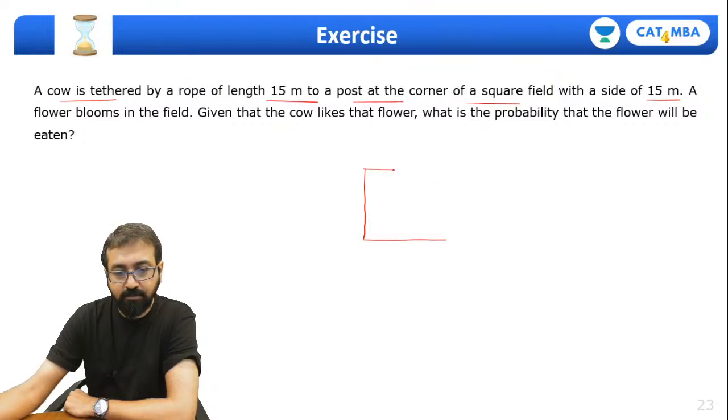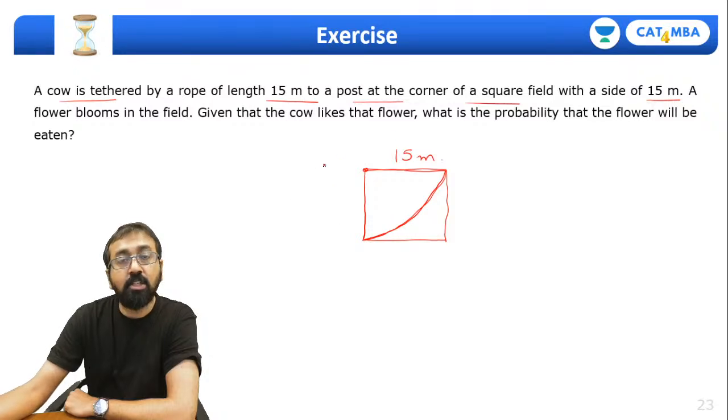So once again, suppose the cow is tethered over here and this is 15 meter and the rope length is also 15 meter. So can I say the cow will be able to cover this distance or graze in the area which is formed by this circle of 15-meter radius? So that means out of the square field, the cow will be able to graze this area.